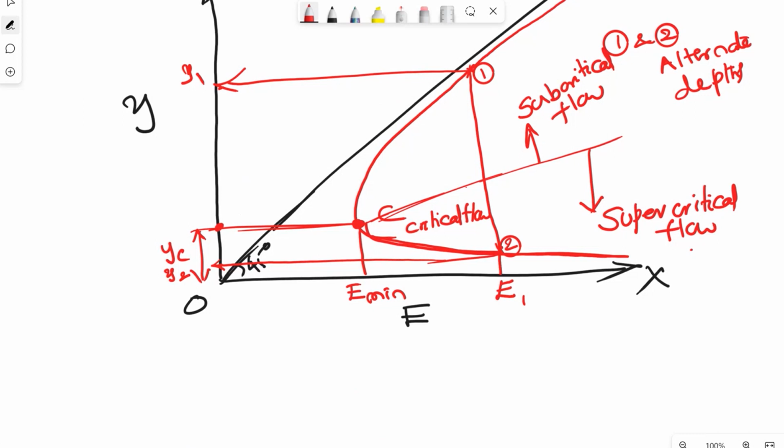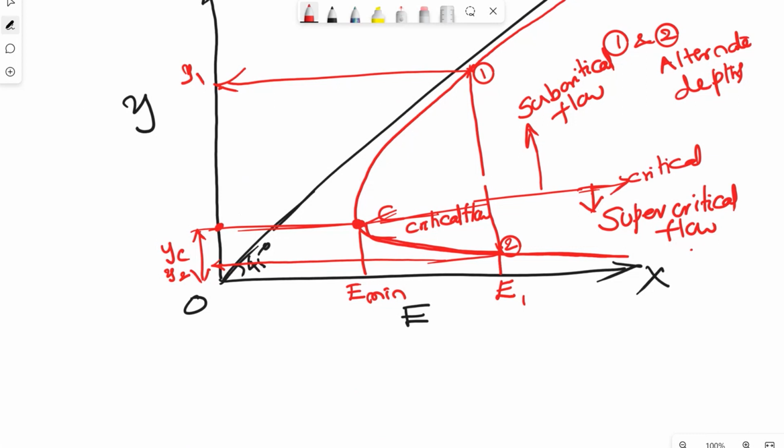One is supercritical flow, the other one is subcritical flow, and the central line corresponds to critical flow.